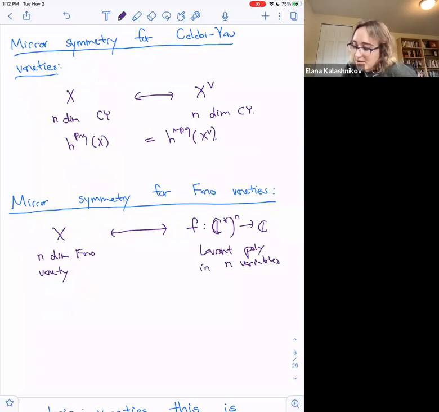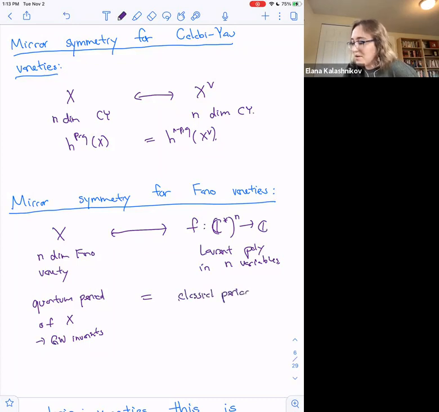So one way you might say it is that the quantum period of X, which is something made out of genus zero Gromov-Witten invariants, is equal to another period coming from the Laurent polynomial called the classical period. So if you have an equality of periods, you'd say these two are mirror.